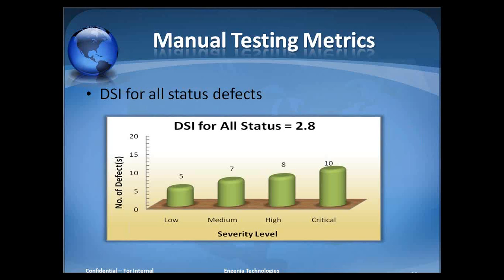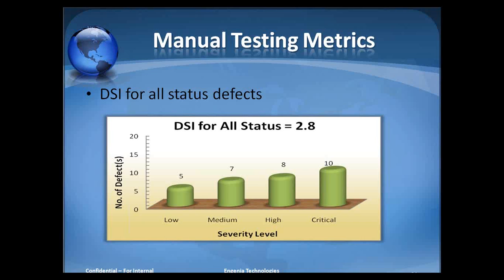This can be divided into two parts. One is for all status and the other is just the open status. Let's take the example of the first one, that is the DSI for all status defects. This will include the defects of all statuses. It might be open, new, or closed.